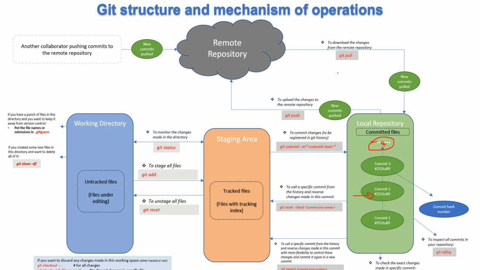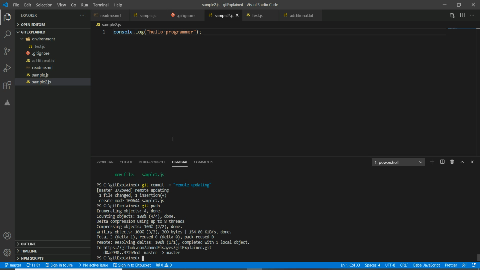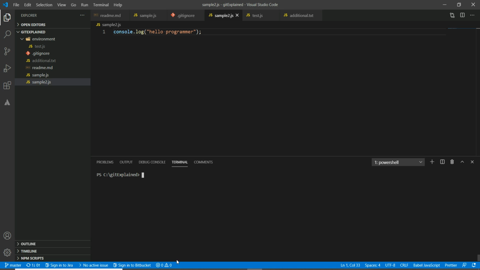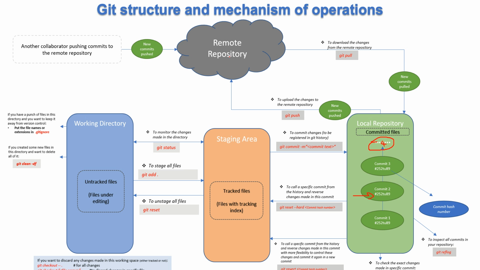But before git pull, let's see here. As you can see in our Visual Studio Code, this mark has an arrow down and there is one. It means that there is one commit waiting for you to pull from the remote repository.